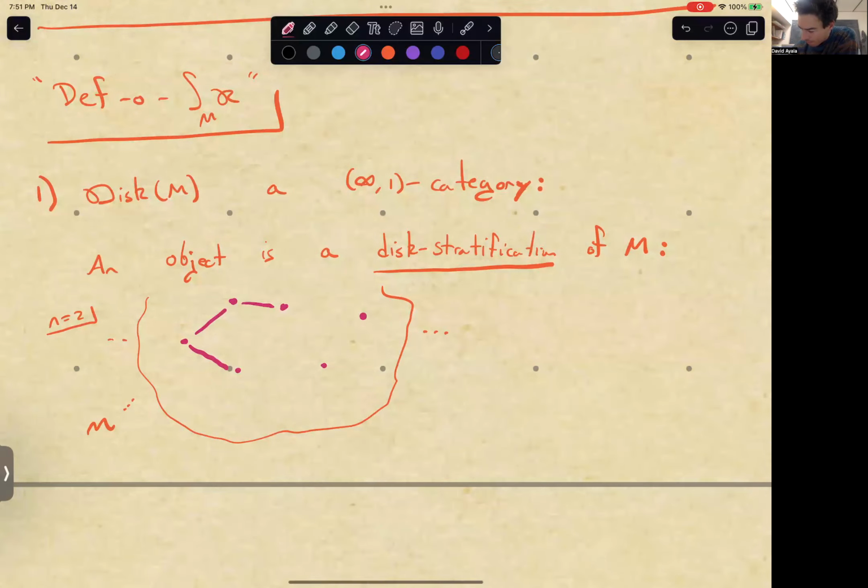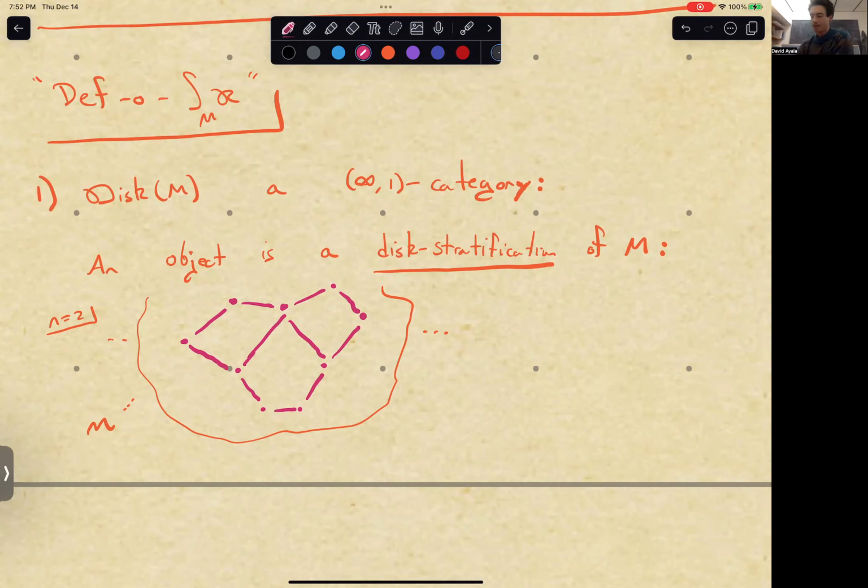And now you might know enough about the theory of stratifications to appreciate that without some regularity conditions, stratifications can be really wild. We want to avoid infinite spirals and stuff like that. So a triangulation of M is an example that has suitable regularity. And M is framed here.